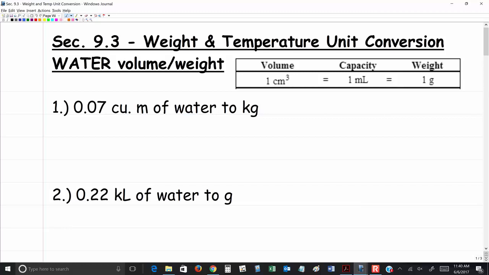So we have 0.07 cubic meters of water. We want to convert that to kilograms of water. First I'm going to convert this to cubic centimeters. So 1 cubic meter equals 100 to the third power cubic centimeters.